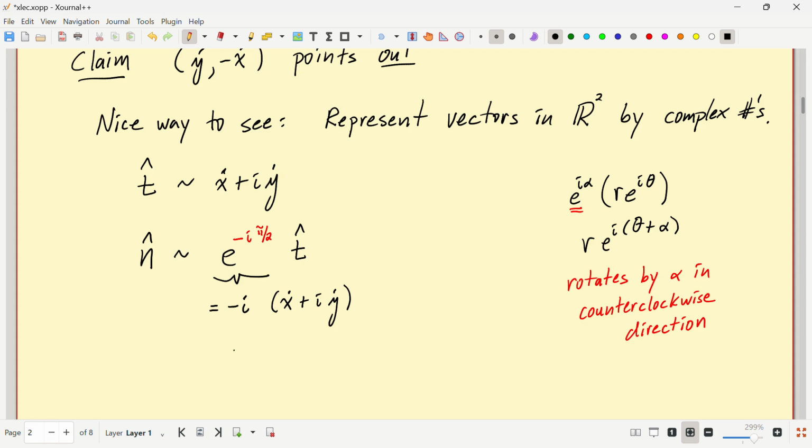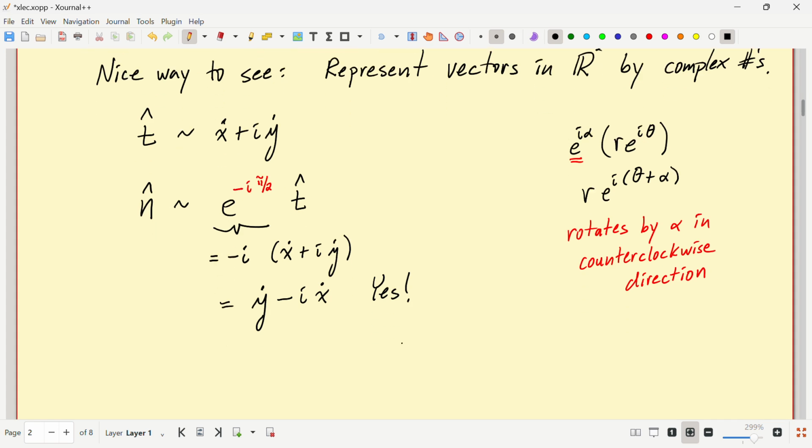You multiply that out and you get, i times i is minus 1, but I've got a minus i, so that's a plus y dot. And I got minus i x dot. And sure enough, that is my n. That's the vector I wanted to see, pointing out. This is my outward pointing normal.